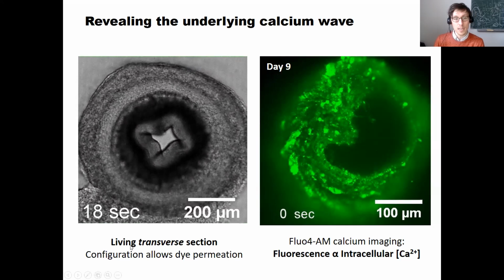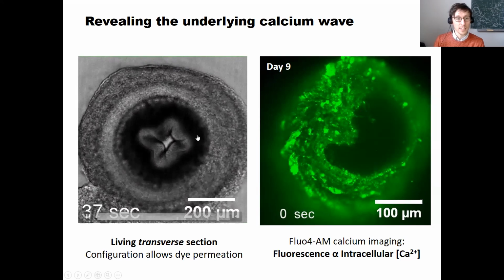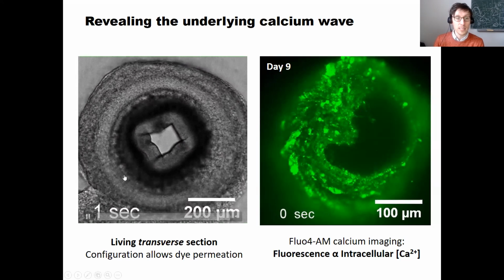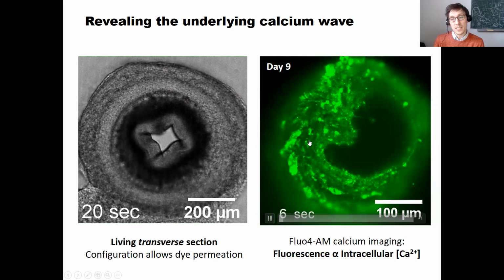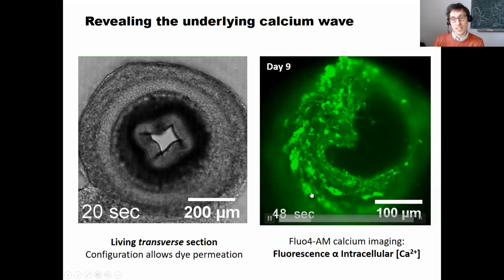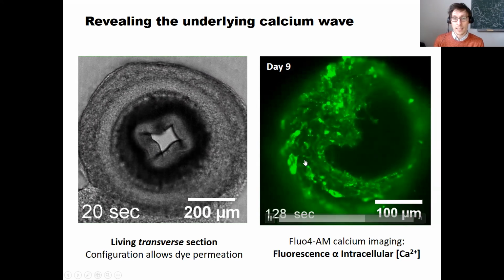That's what it looks like. We get an inside view of these lumen occluding contractions. And now if we apply fluorophore AM, we find streaks of light flashes that propagate circumferentially and accompany each contraction.